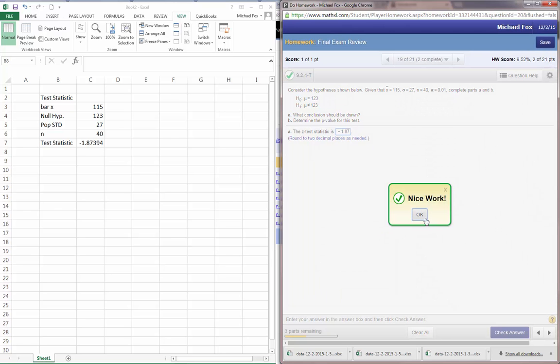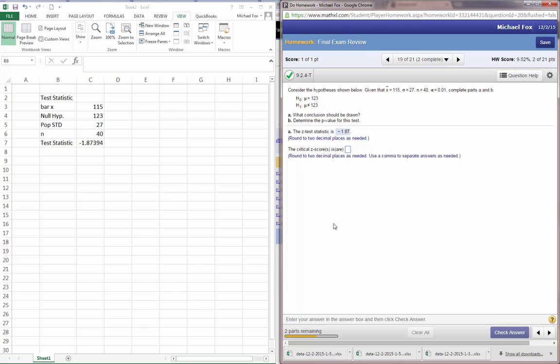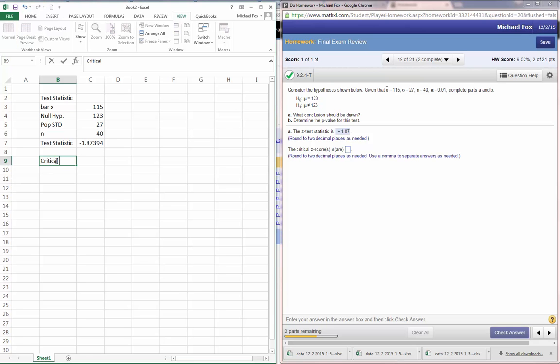It's the next part, the critical z, where we need to do it as a negative and a positive so that we can compare and see if the test statistic falls outside of the critical z, either as a negative or a positive. To calculate our critical z, we're going to use a function, which is NORM.S.INV, and then the probability.